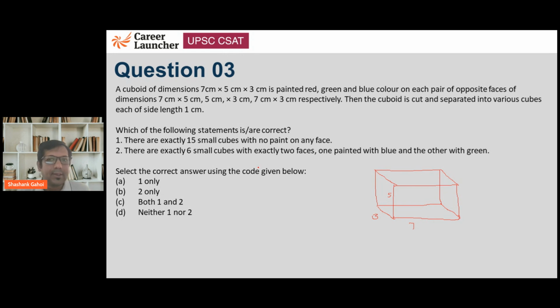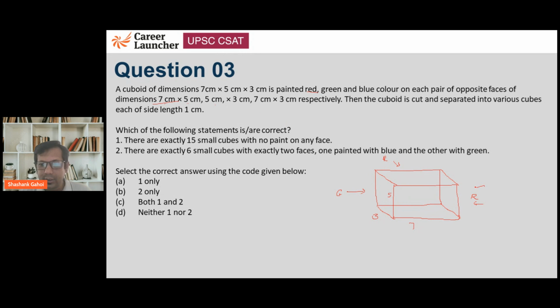Now what does it say? Red, green, and blue on each pair of the opposite faces of the dimensions. 7 into 5 is the front one, so that is going to be red. So this front one is red, this is also red, so front and back are red. 5 into 3 means this side one, so this is green.